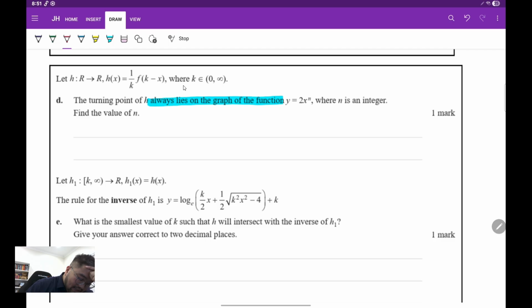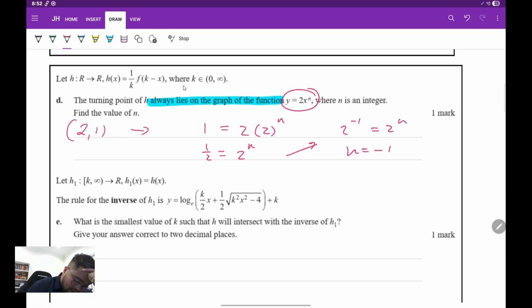So if we use this equation here, we know the specific case for this one was (2, 1). So why don't we try: 1 is equal to 2 to the power, 2 times 2 to the power of n, we get a half is equal to 2 to the power of n, and then we solve this as 2 to the power of -1 is equal to 2 to the power of n, n is equal to -1.